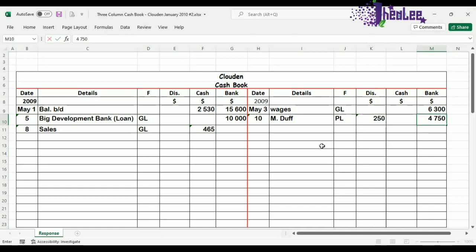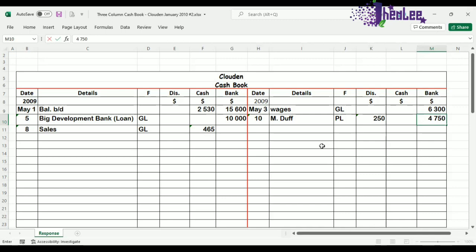And bear in mind that if it is a receipt and you're making the entry on the receipt side, there's a discount. That discount will go with the record of the receipt on the debit side, because definitely that would be indicating that you gave the customer a discount. Remember, allowed is on the debit.